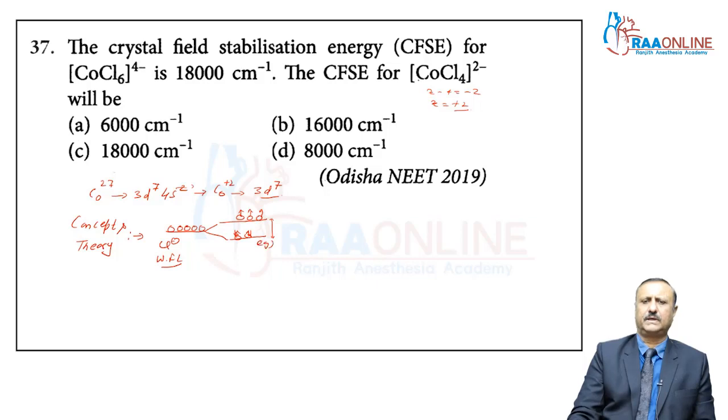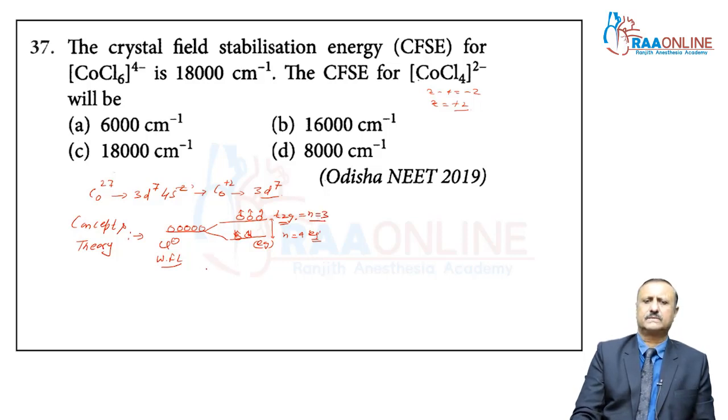you get the eg with n equal to 4. Because sp3 is a tetrahedral structure, in a tetrahedral structure eg is not directed towards the ligand. Here t2g is directed towards the ligand, so the energy of t2g is higher. So here t2g gets n equal to 3.